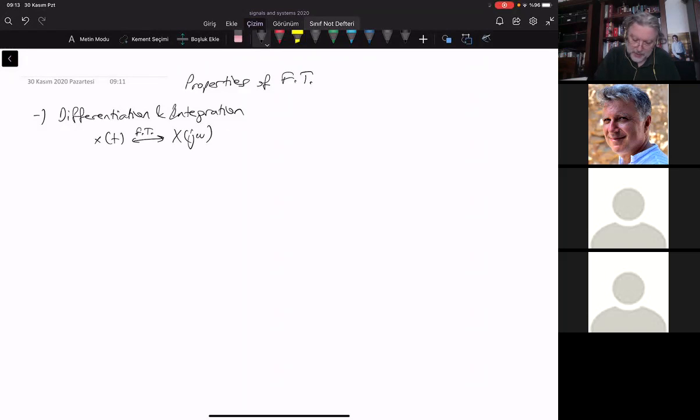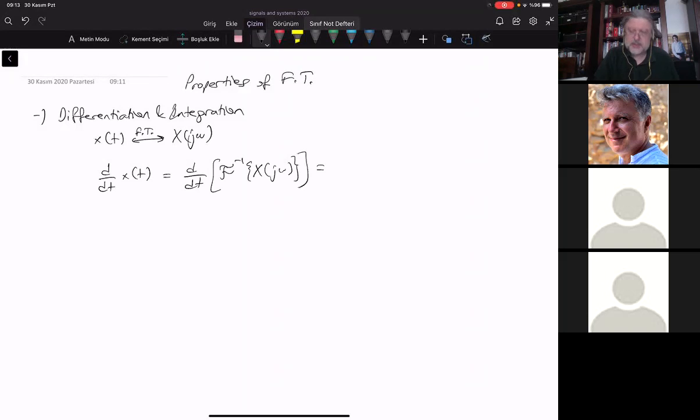When we take the time derivative of x of t, what kind of a Fourier transform will it correspond to? It's not very difficult to work on. This is the time derivative of the inverse Fourier transform of X of j omega.